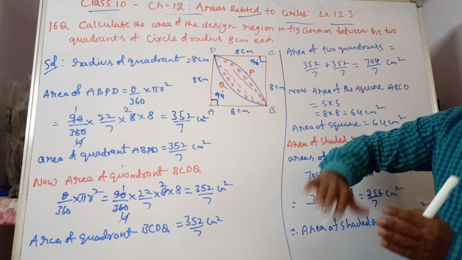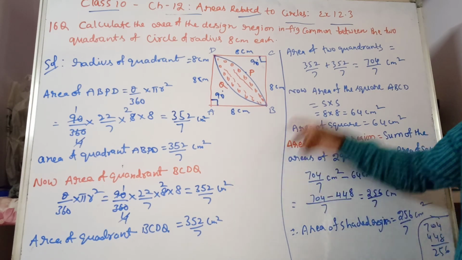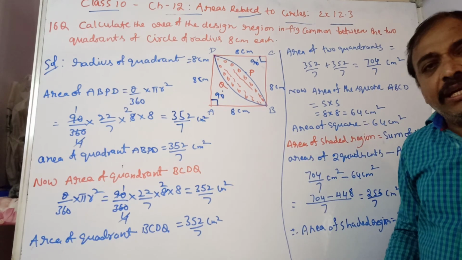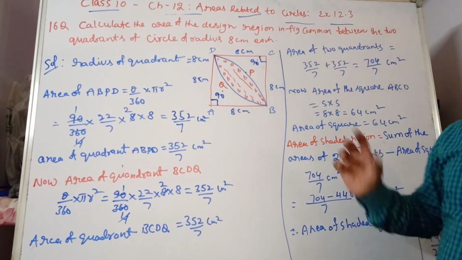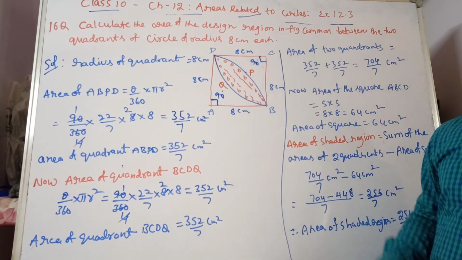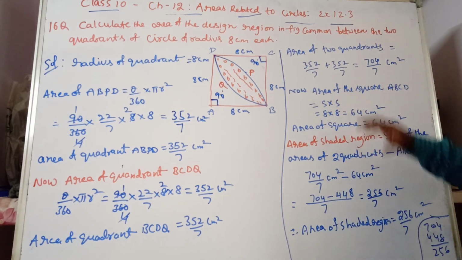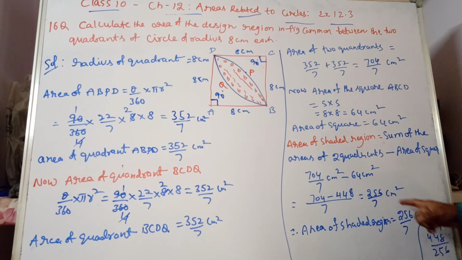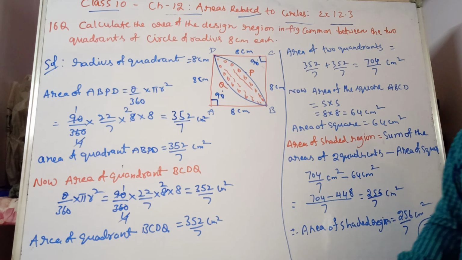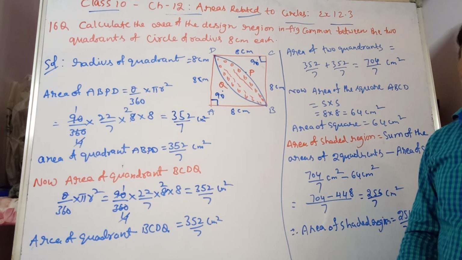Because both the quadrants are same, you can directly multiply with 2 instead of finding again, because both the quadrants have the same radii and same angle, quadrant means 90 degrees. Then we found area of the square, subtracted from that, then area of the shaded region which is in between, that is 256 by 7 centimeter square.